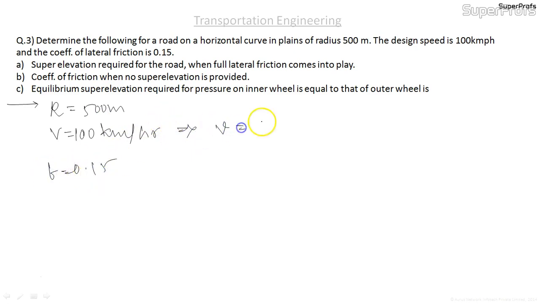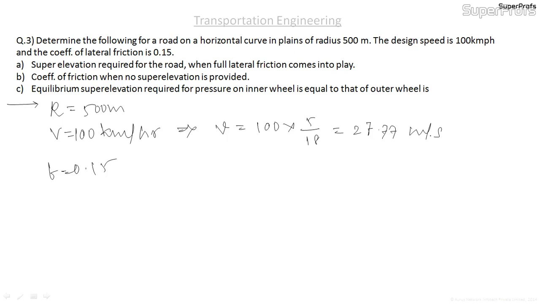Convert this: 100 into 5 by 18, that is equal to 27.77 meters per second.